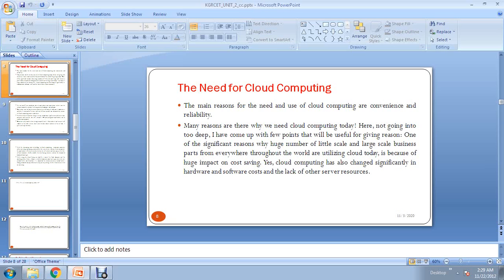And for example, from the employees' point of view, with physical infrastructure, maintenance employees will be required, and manpower also will be required. Compared to that, if you choose cloud computing, manpower automatically reduces. Why? Because you are utilizing virtualization.